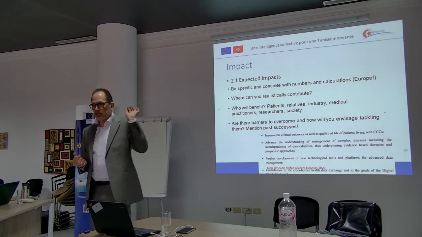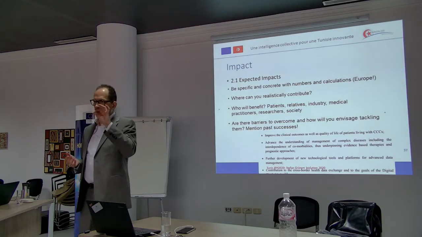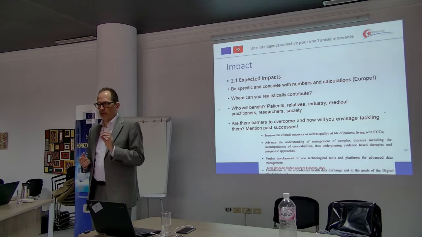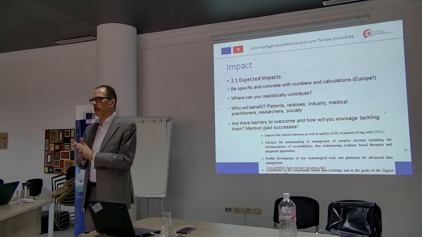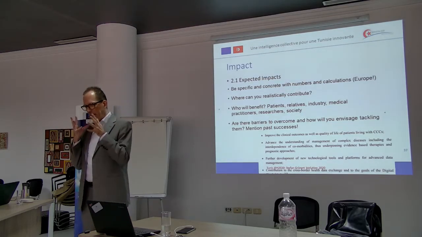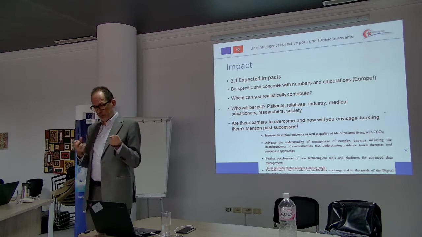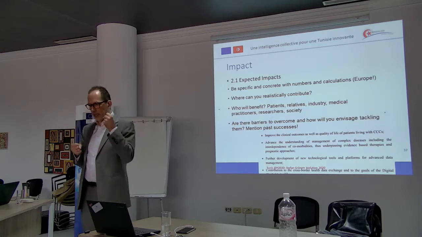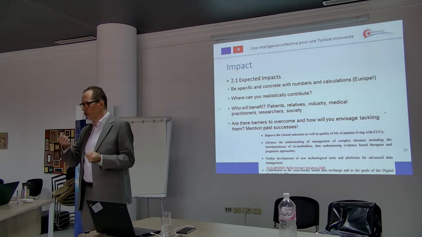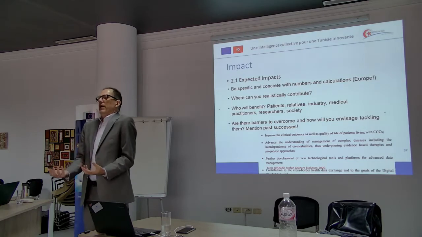I told you it's about numbers, right? So be very clear about European numbers. You can also say global numbers, but it's again for the evaluators' task to compare your project with another. So if you use other numbers than the other projects who are using European numbers, it makes it complicated again.